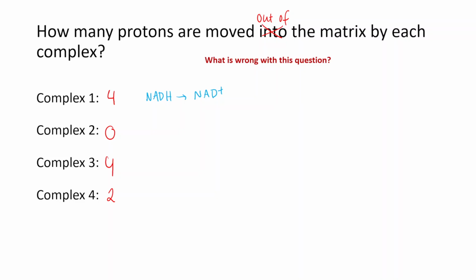What other electron carrier is taking on those electrons from NADH in complex 1? Yeah, coenzyme Q. So what's happening to coenzyme Q? Is it being oxidized or reduced?